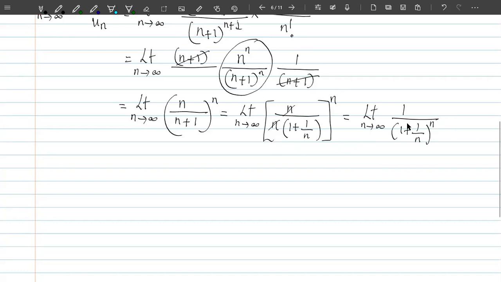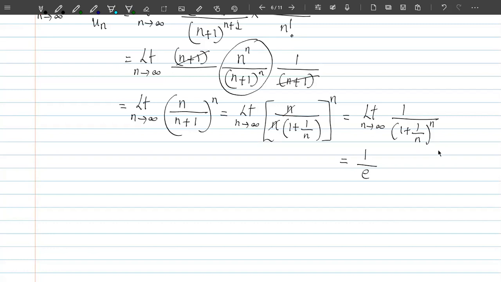Now what is the value of limit n tends to infinity (1 + 1/n)^n? That's equal to e. Since the denominator term equals e, I get limit un+1 by un as 1/e.